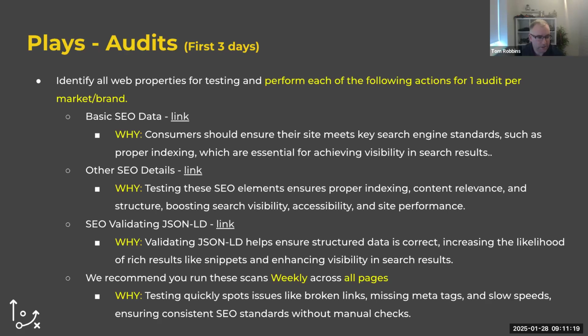We recommend you add this to your audit, and we recommend scanning on a weekly basis at minimum. You could scan it daily if you want. But the idea is to be very proactive with identifying broken links, broken pages, and slow loading pages. So here's an opportunity to have a quick overview of your site performing badly. Having these audits run at a higher frequency will expose that information as well.